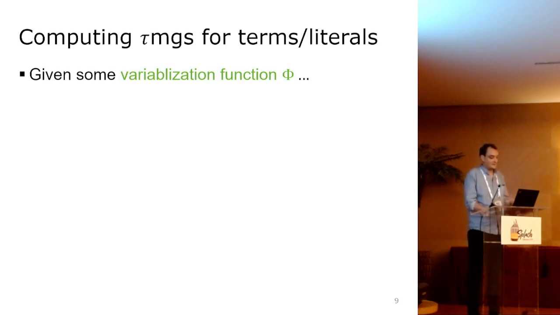So given that quality function now, how can we compute tau mg's, which are, remember, maximal generalizations relative to tau for terms and literals? Well, first, we'll consider that we have some function phi that outputs a new variable name for any two terms that it has as arguments.